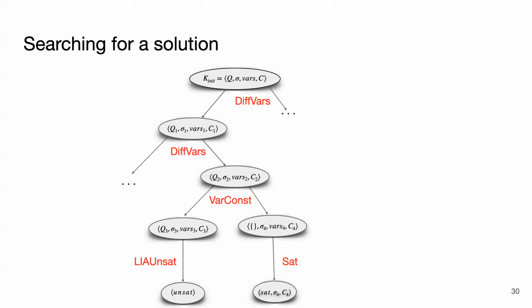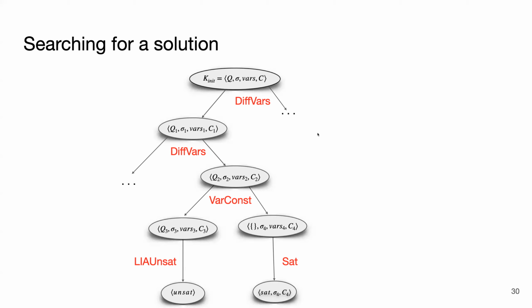And if yes, how? This is just an example of one evaluation, and it is highly non-deterministic. So the labeling of rules are completely examples. It could happen that starting from the init, you just know from LIA unsat that it is unsat, and you end right there, like we saw for x equal to x. So does it take any of the rules that are applicable at this point?